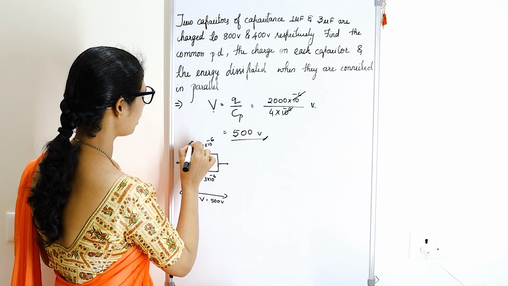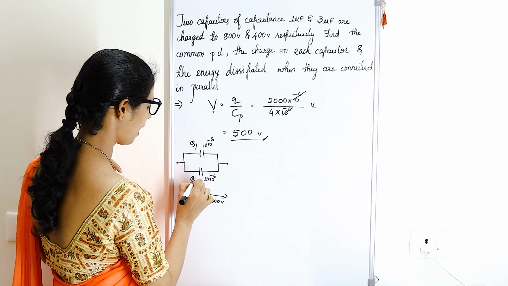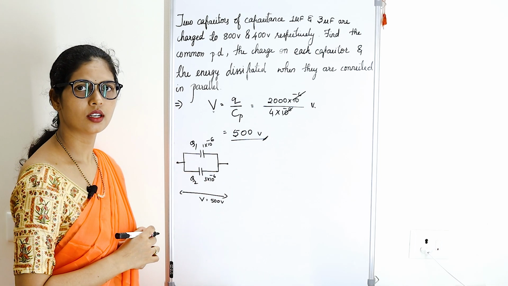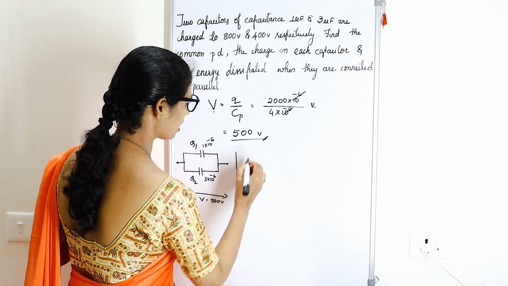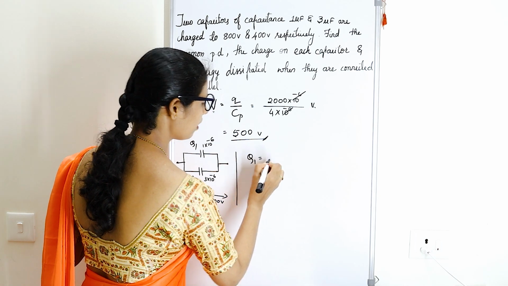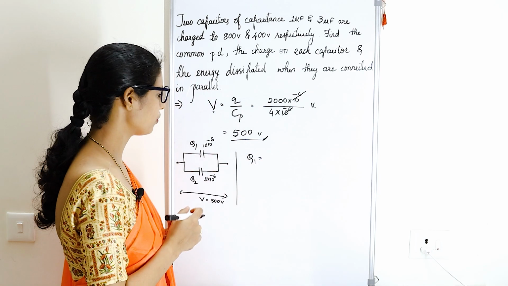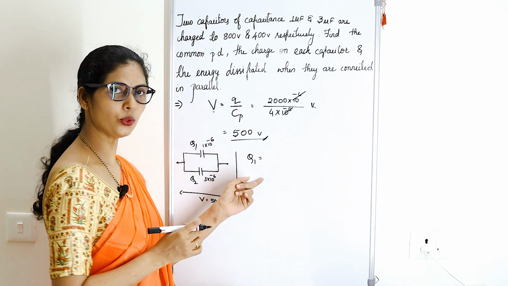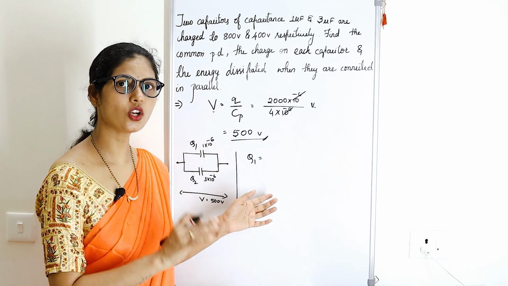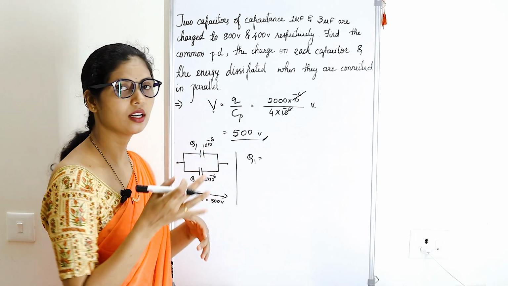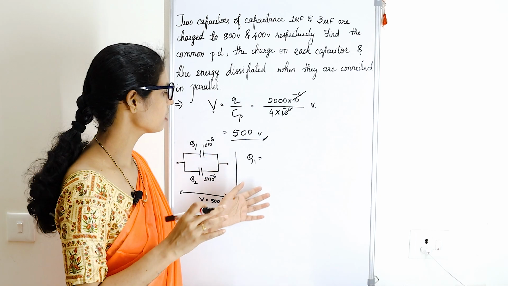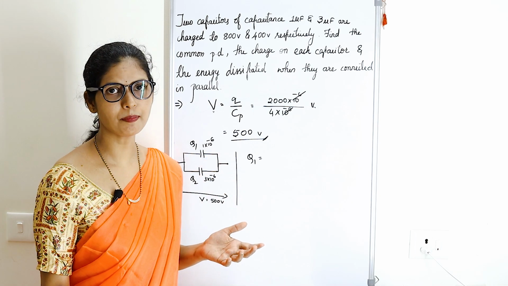Now you need to find out Q1 and Q2. Q1 is the charge on the first capacitor, and Q2 is the charge on the second capacitor after you connect them in parallel.